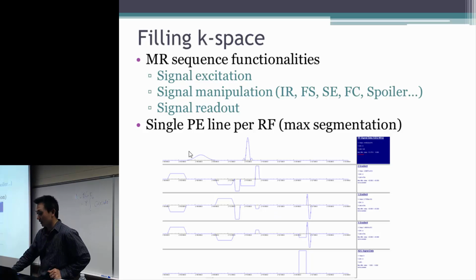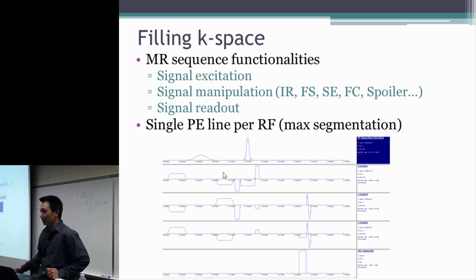For this one, we collect a single phase encoding line for each RF pulse, or more specifically, for each excitation pulse. So if we have k-space of NY lines, it's equivalent to having divided this k-space into NY segments.